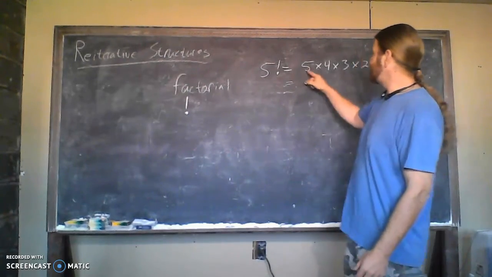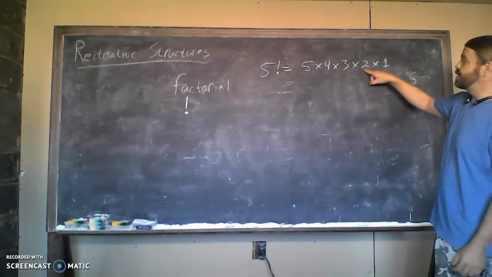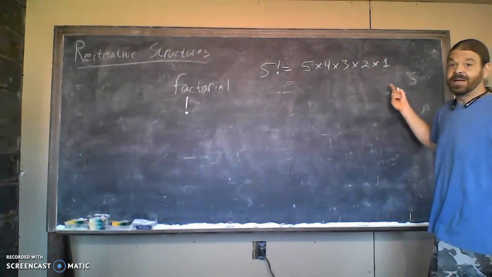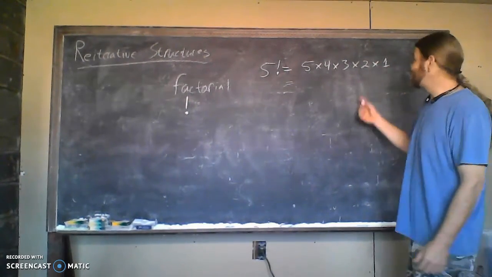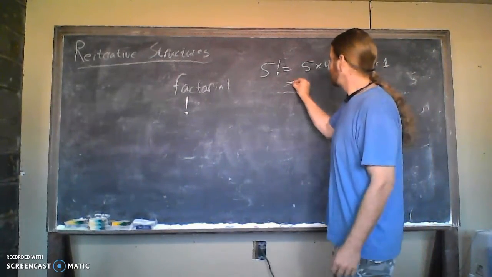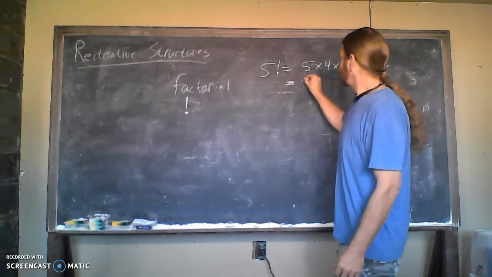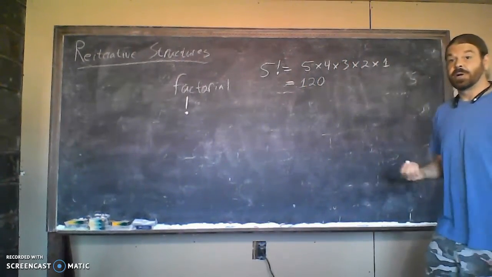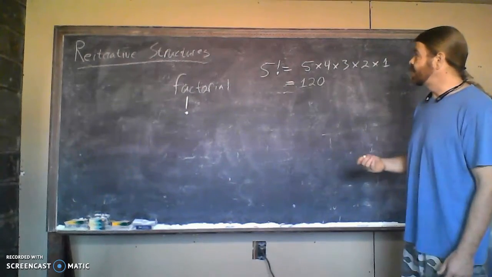In that case, 5 times 4 is 20, times 3 is 60, times 2 is 120. And obviously times 1 doesn't do anything, except that it doesn't make any sense to stop that pattern at 2. So if we multiply all the numbers together that lead up to 5, we get 120.